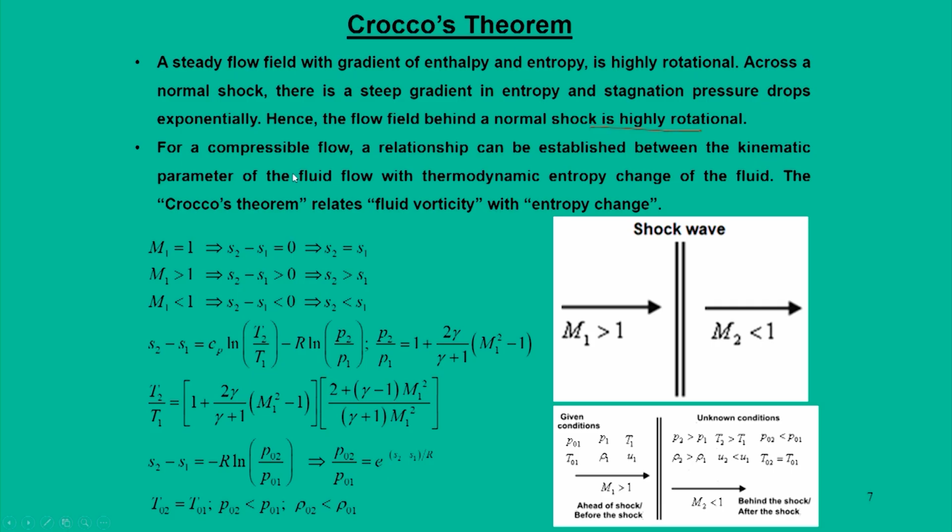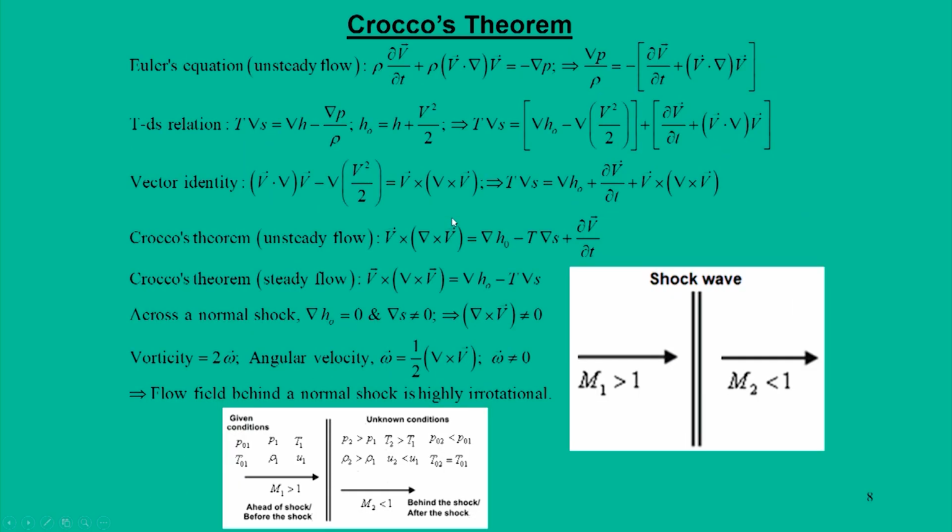So, for a compressible flow, a relationship can be established between a kinematic parameter of the fluid flow and the thermodynamic entropy change of the fluid. Crocco's theorem relates the fluid parameter, that is fluid vorticity, with entropy change, that is a thermodynamic parameter. Now, let us see how these two things are related.